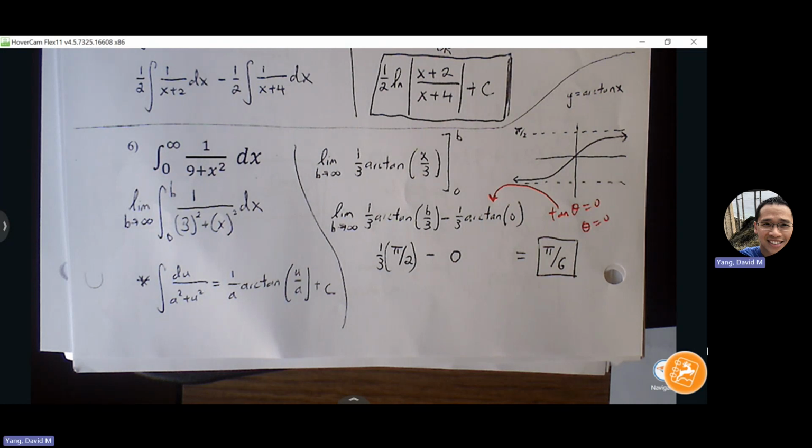And that's going to be pi over 2, basically saying tangent of what theta value will give me infinity, and that's pi over 2. Here, we can also ask the question, tangent of what theta value is equal to 0? Tangent of 0 is equal to 0, so that's how we know. Also, if we know what the graph looks like, we can tell that arctangent of 0 is 0. That does converge. We do get a real number out of that, so pi over 6.